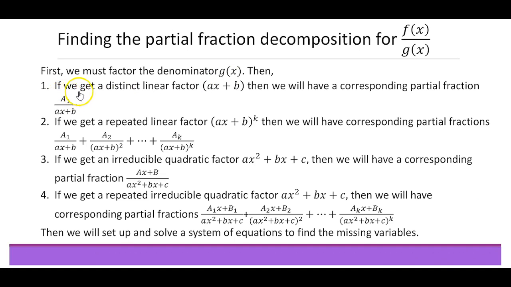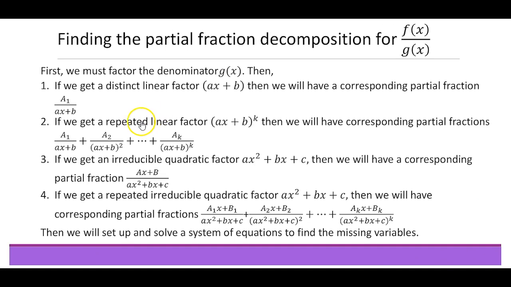So if we get a distinct linear factor, distinct meaning different, ax plus b, then we're going to have a corresponding partial fraction, some constant, A1 over ax plus b, for every distinct linear term. That's like the example we just did. We got two different factors in the denominator, so we put a, some constant, above one of them, and b, some other constant, above the other one.